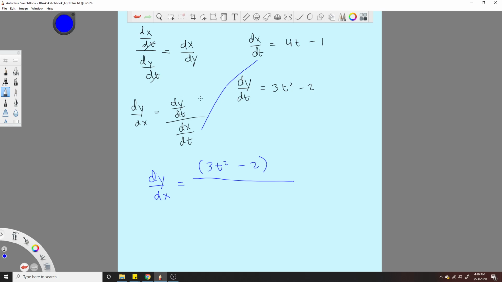So this one's going to that one, that one's going to this one: 4t minus 1. And you don't really need to simplify it any further.